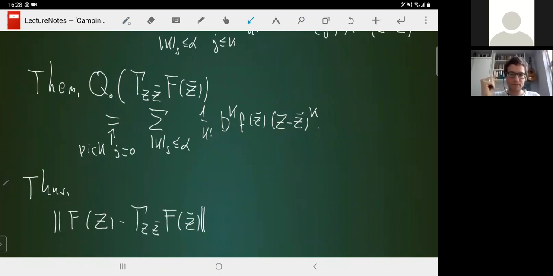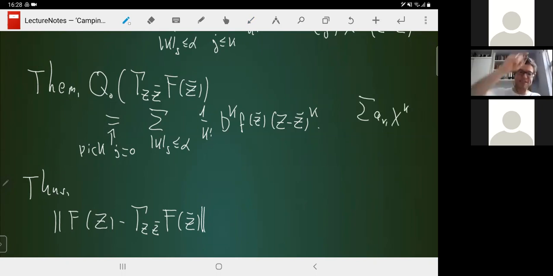compare. If you have a polynomial of the form sum a_k x^k, how do you call these? You compare the coefficients, right? Coefficients, thanks, exactly. Both of these are polynomials, and what we will do is compare the difference of the coefficients. We fix a certain degree that we want to look at, and then we compare the coefficients.